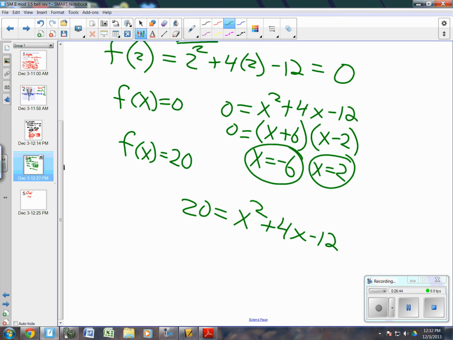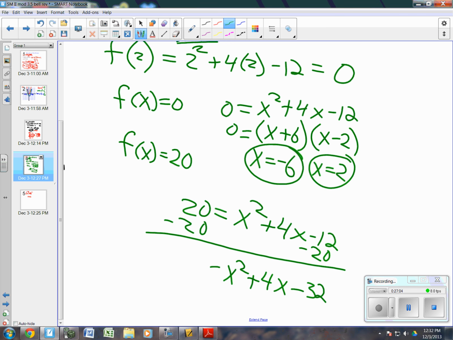You got to set it equal to 0 first. Do you guys all understand this? All eyes right here. Before you can solve a quadratic equation like this, you have to get it set equal to 0. So I'm going to have to subtract 20 from both sides. I get x squared plus 4x minus 32 equals 0, right?